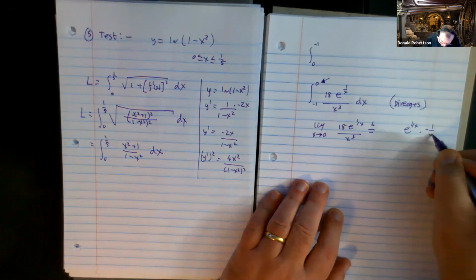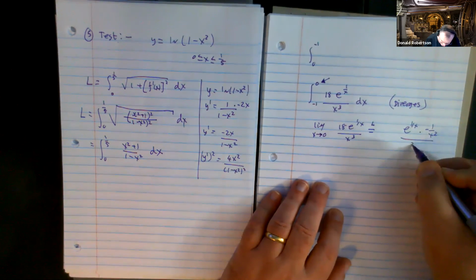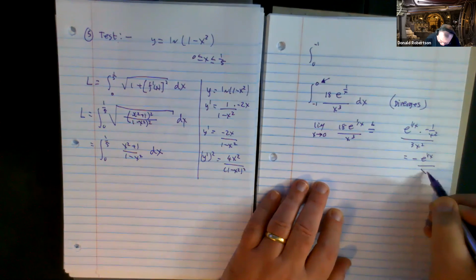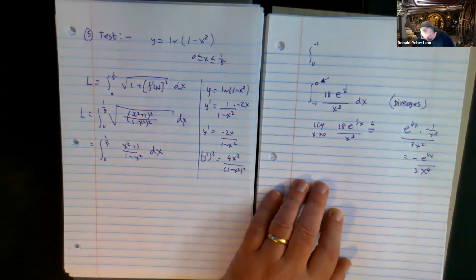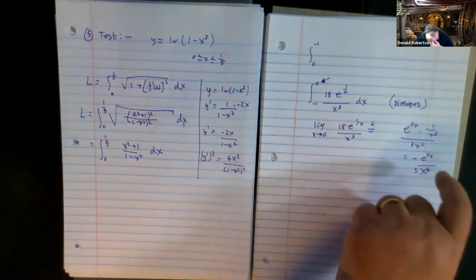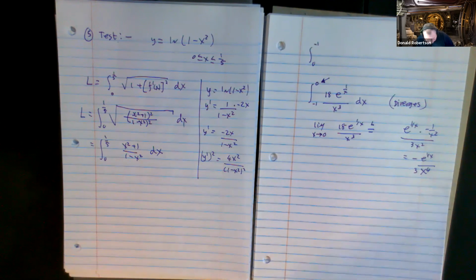And then you get 3x squared. So all you end up with is this, and if I keep doing it, it just gets bigger and bigger. So that isn't particularly helpful.